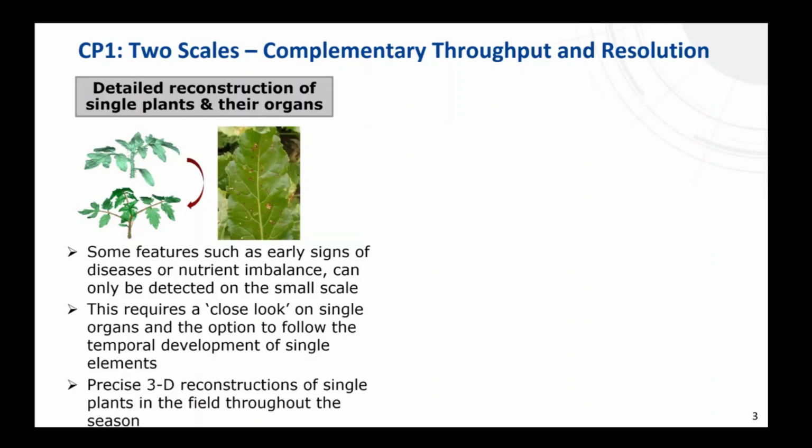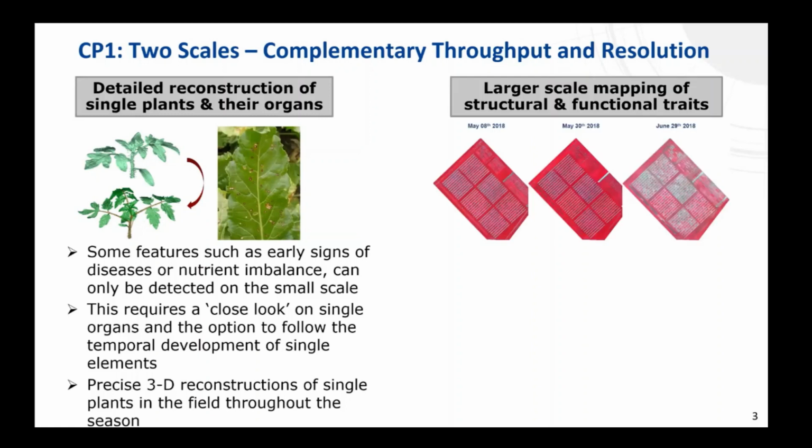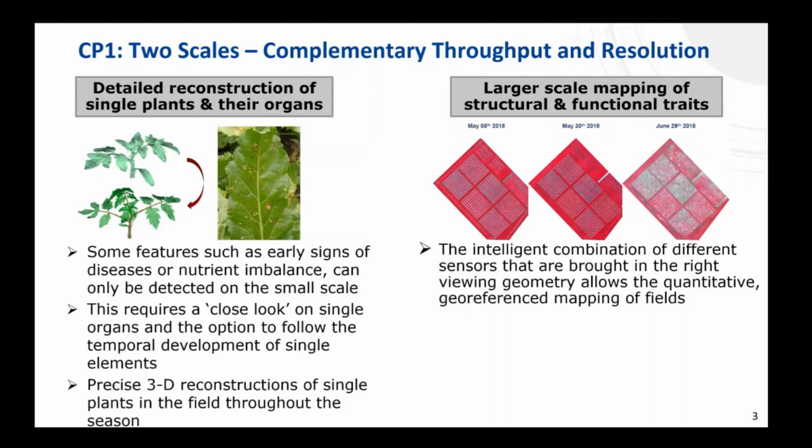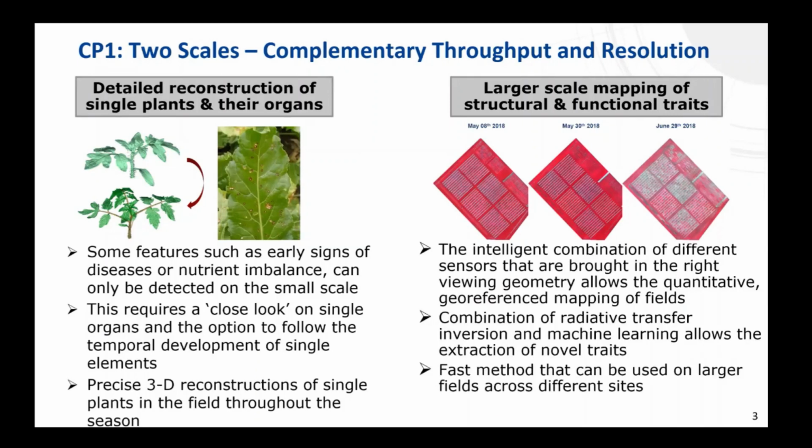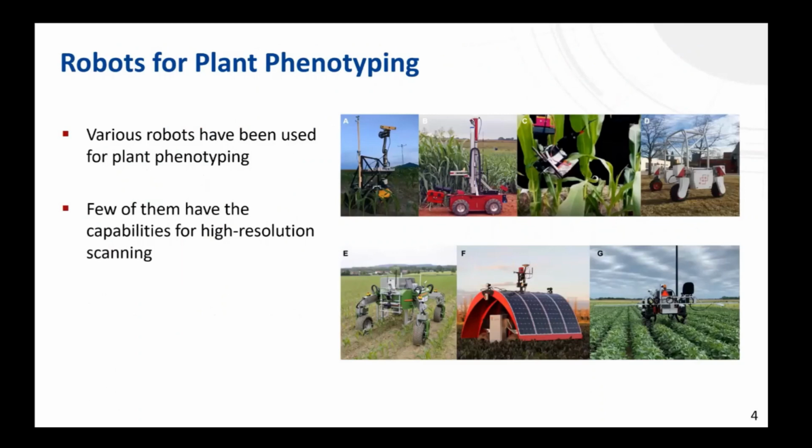And another scale that is addressed in CP1 is this larger scale mapping of traits. And this is addressed by other PhD projects within CP1. So I will focus here on the detailed reconstruction of single plants and their organs.